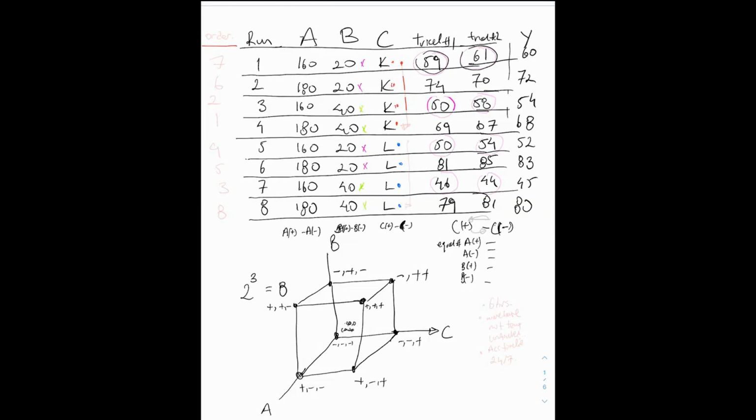If I were to look at my order of experiments, if I do a regular order, in other words, if I start with my run number 1 and run through the first 4, I will see that the C is plus in the first 4 experiments.